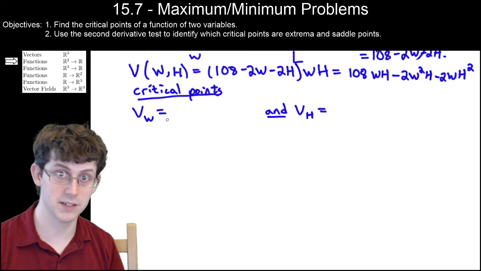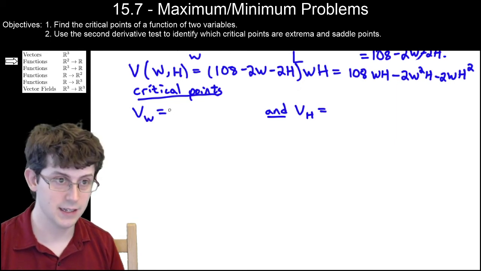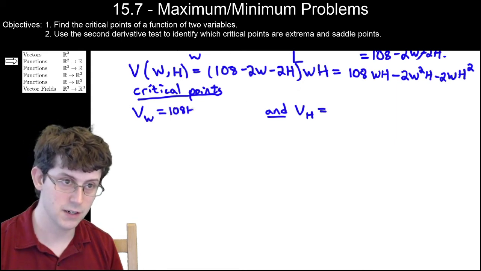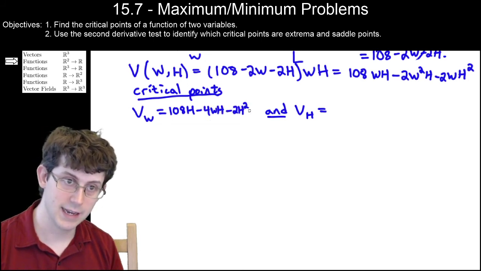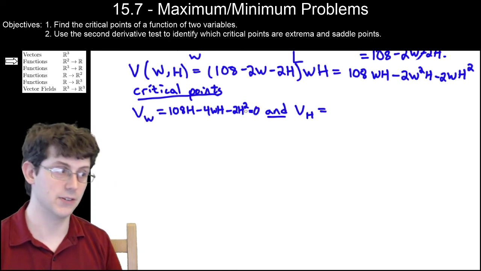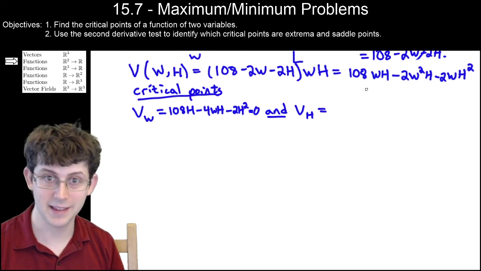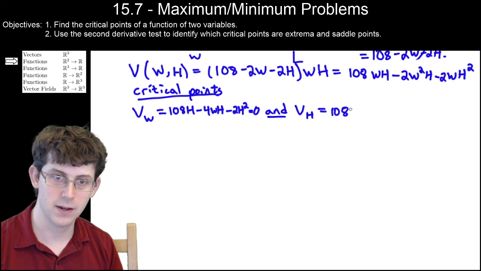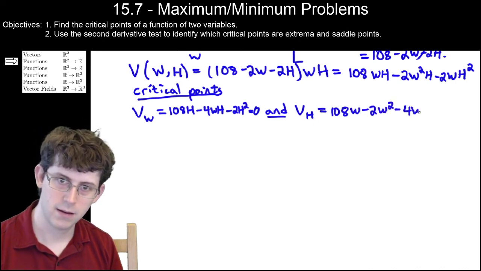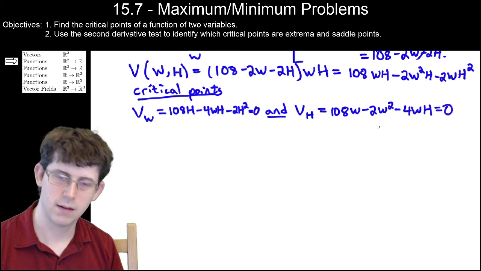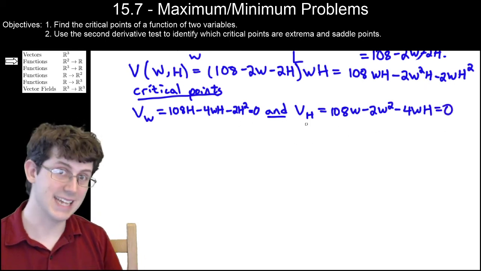The w partial derivative of our objective function is 108h minus 4wh minus 2h squared, and I need both partials to be 0. So this equals 0, and the h partial derivative needs to equal 0. These are supposed to happen at the same time.